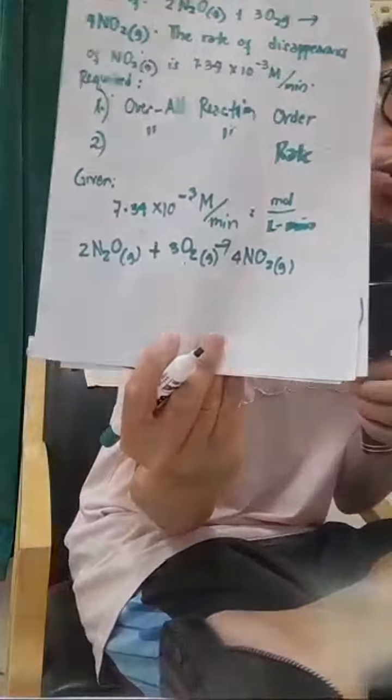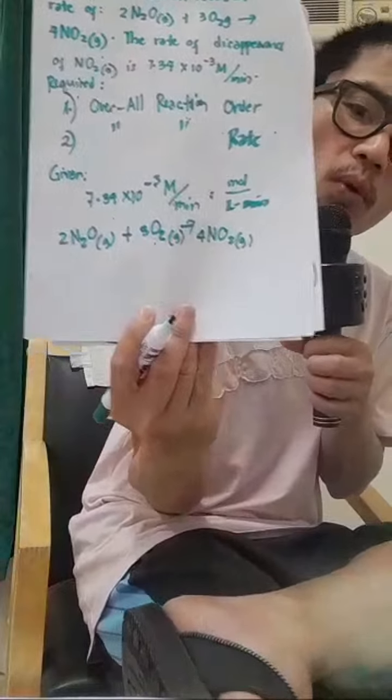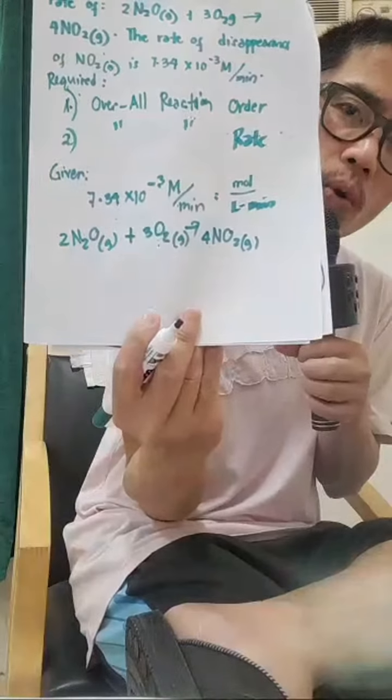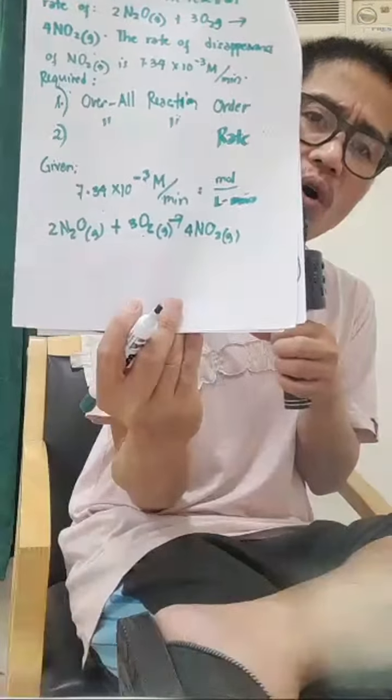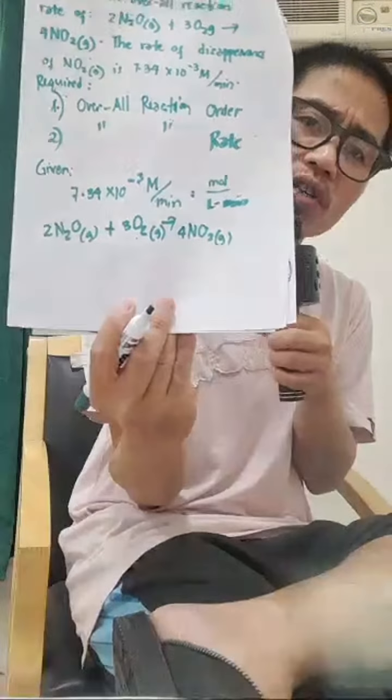How many moles of N2O will react with oxygen to produce 4 moles of nitrogen dioxide? It's very clear in our stoichiometric relationship that we have 2 moles of N2O reacting to produce the product.